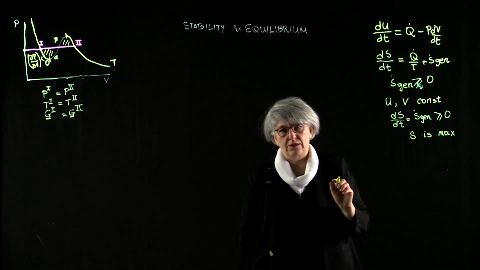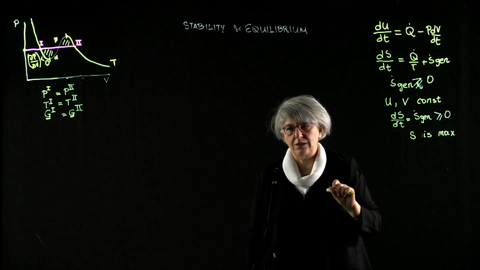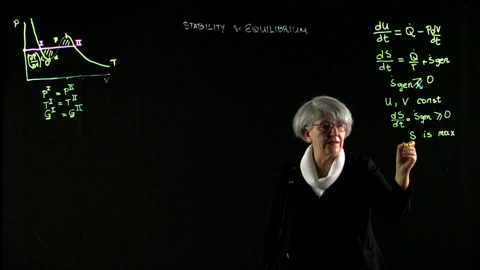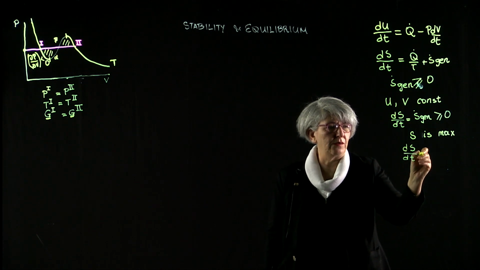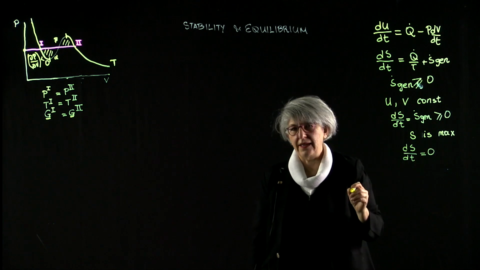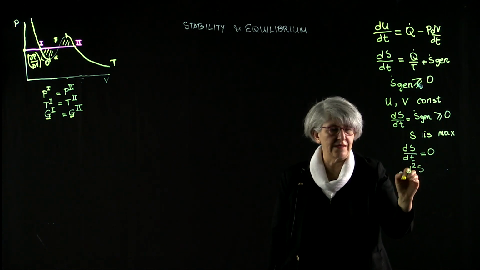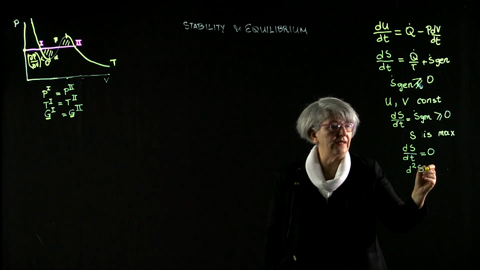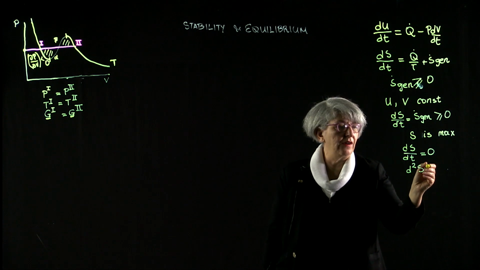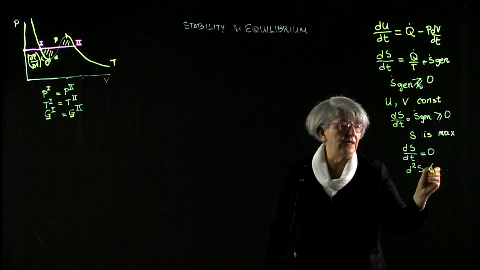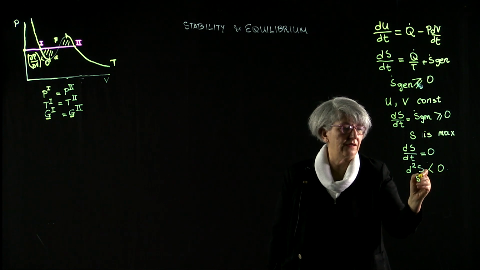Entropy to be maximized requires that ds over dt is equal to 0 at the equilibrium point, and its second derivative, d square s, I'm not going to write dt for the reasons that will become obvious later, d square s should be less than 0, and this is going to be our stability criterion.